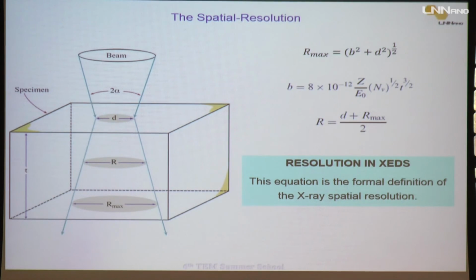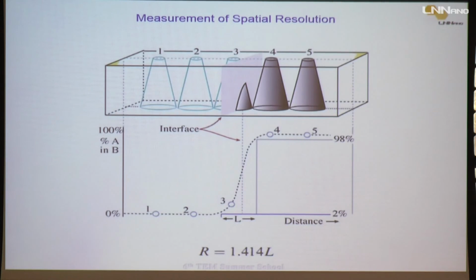The resolution is considered the ratio between the diameter of your beam at the entrance of your sample and the exit of your sample. Okay, this is a way to define resolution for this spectroscopy.